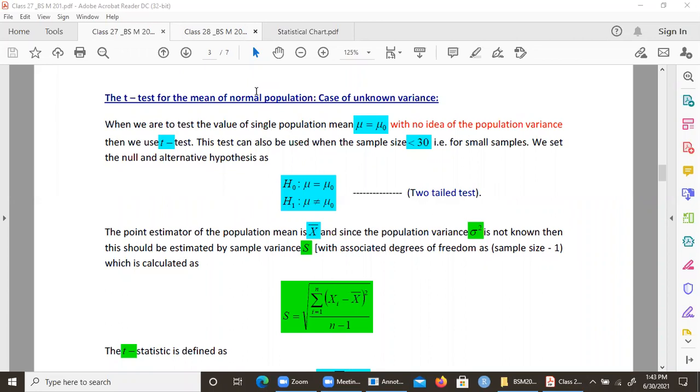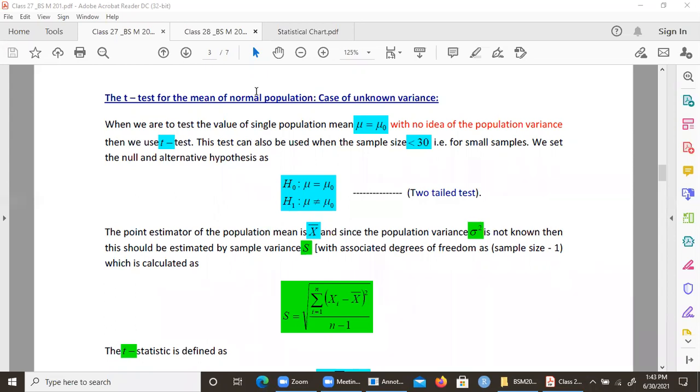To use statistical methods, the sample size has to be large enough. But later, this notion was broken by the introduction of the t distribution by the statistician Gosset, and after that, the t distribution has got a tremendous amount of applications in various other fields.